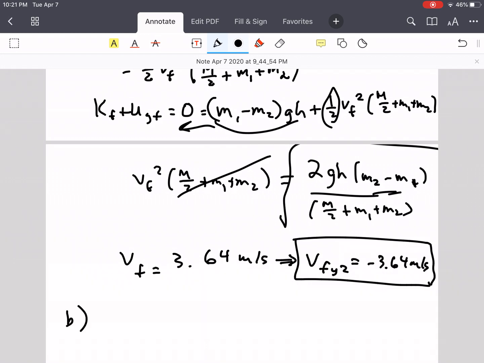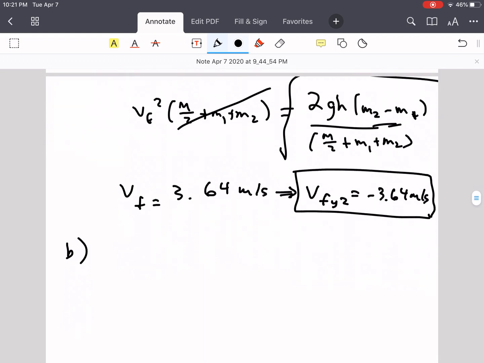So quickly, part B asks, what's the acceleration of the two blocks? Again, you could solve this one of a bunch of different ways. A trick that I kind of like is, if you already know everything about velocity, then I can just go ahead and solve for the acceleration.